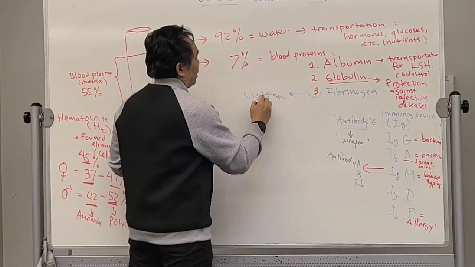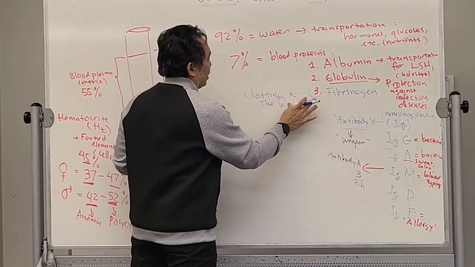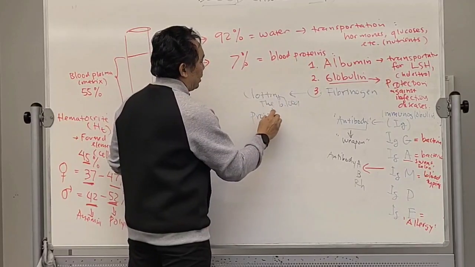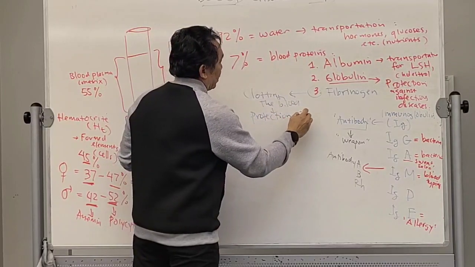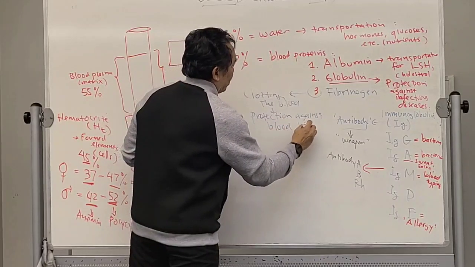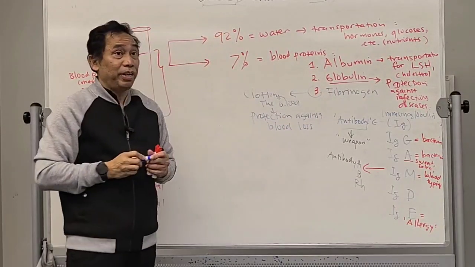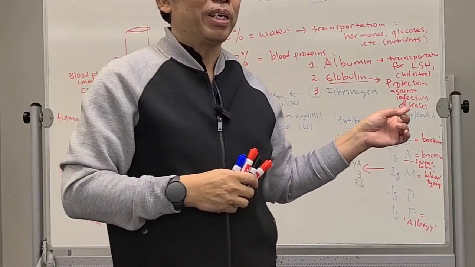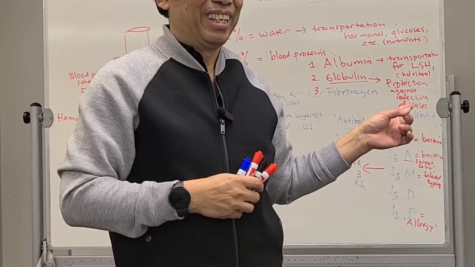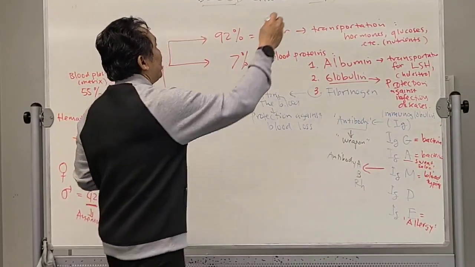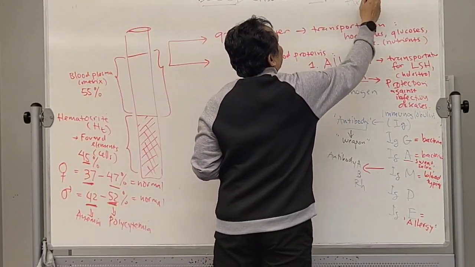So in case you cut your own finger, for example, if you don't have the fibrinogen, then what happens? You keep bleeding. Anybody have heard of people with a disease called hemophilia?